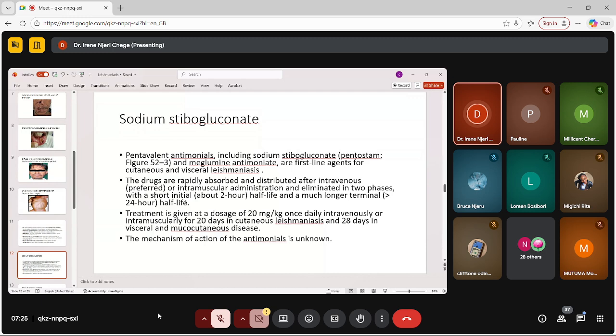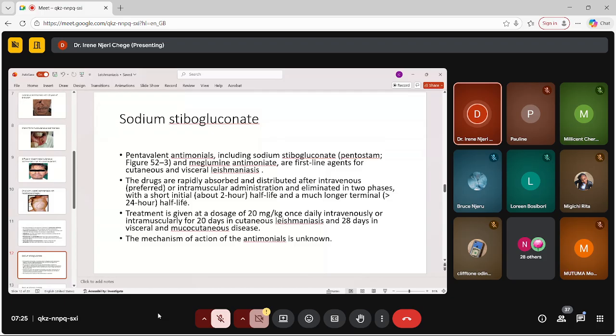Let me just tell you that the reaction that occurs in the amastigotes is under the control of an enzyme known as a reductase enzyme.